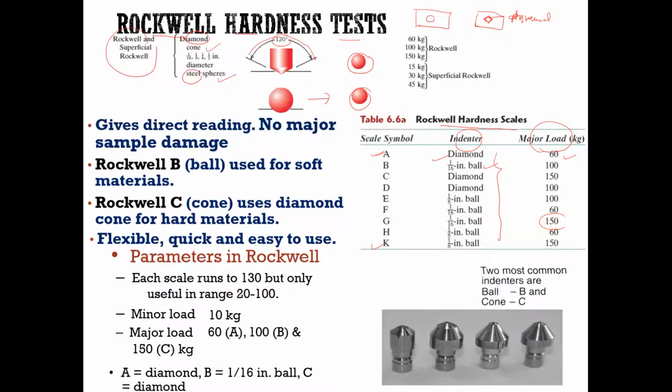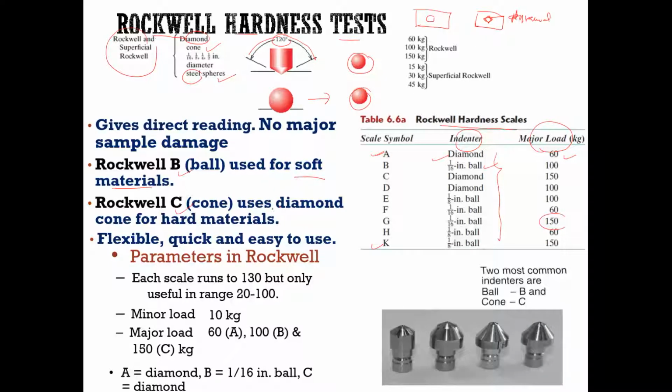Okay, so these are the Rockwell hardness scales. Make sure you use the right symbol and also the right indenter, and at the same time the right load. Alright, so this Rockwell indenter can be classified into two, basically, Rockwell B or Rockwell C. Rockwell B is for ball, which is your steel sphere, and basically used for soft material.